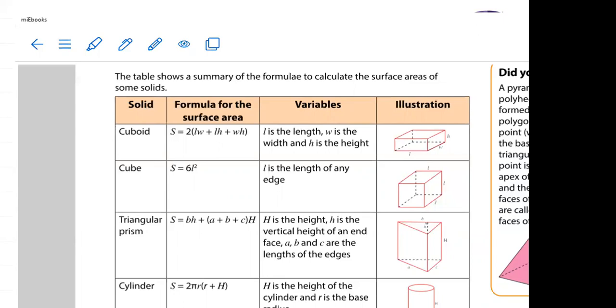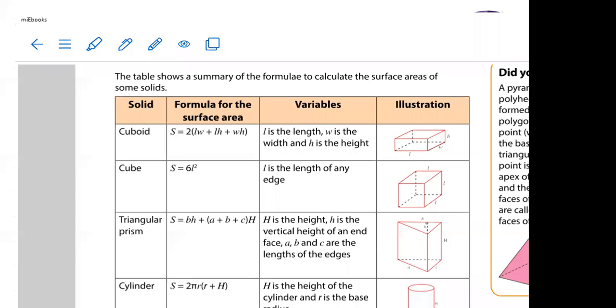Now look at the surface area of the cuboid. We've got 2 outside, and then you multiply that with the length times the breadth, plus the length multiplied by the height, and the breadth multiplied by the height. Why are we doing this? That's simply because if you take any cuboid, you can see that it has 3 different faces.